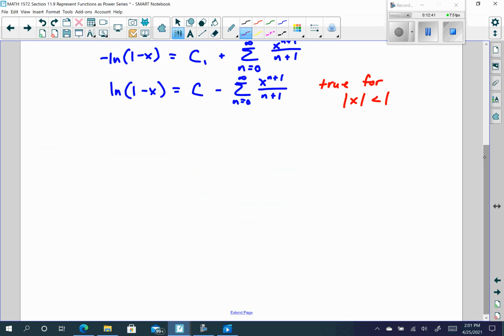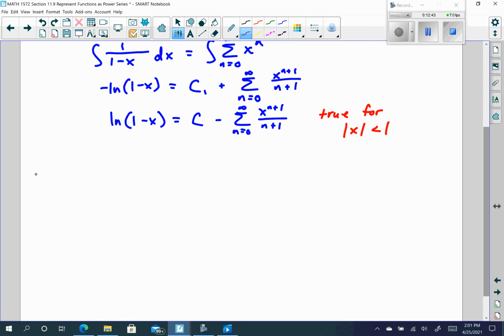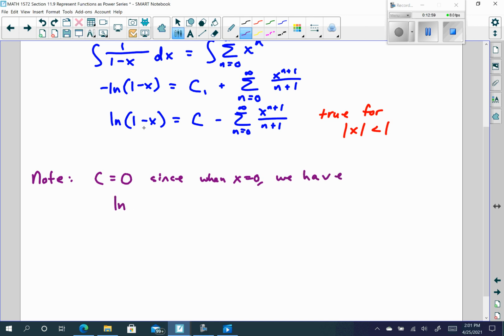But I'm going to make a little note here. For c, we're going to note that c is going to equal 0, since when x is equal to 0, we have the natural log right here. That will give us a 1. It's going to equal c minus.